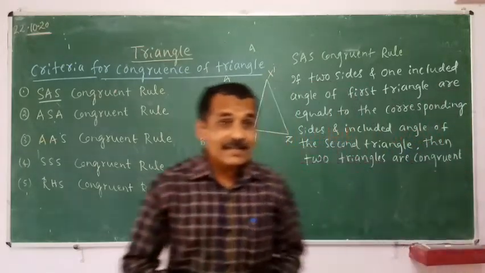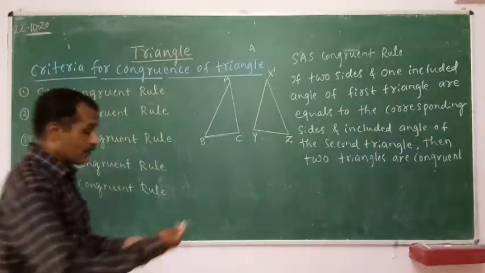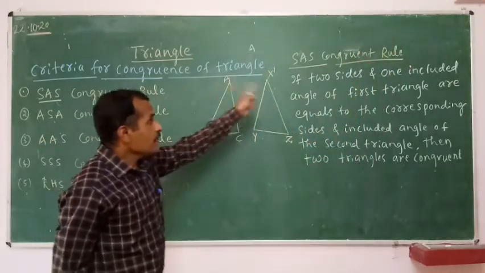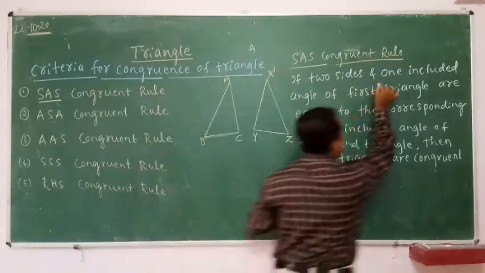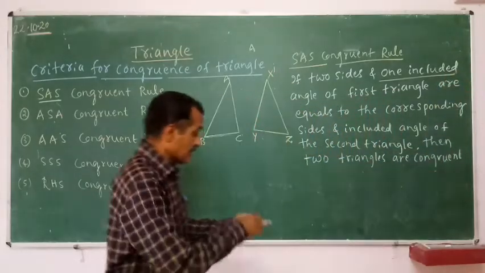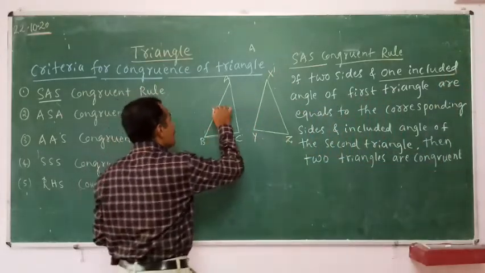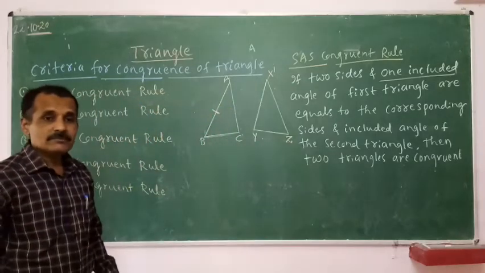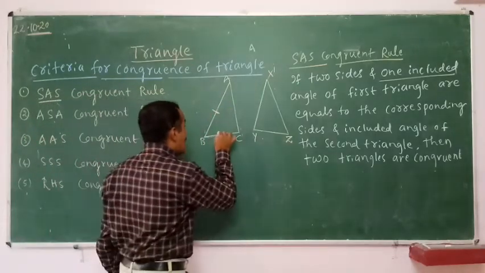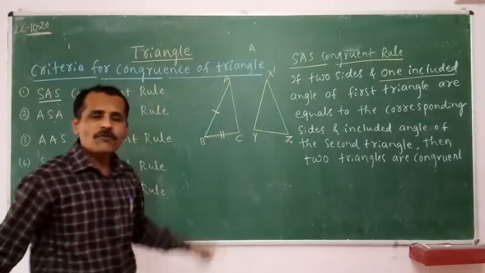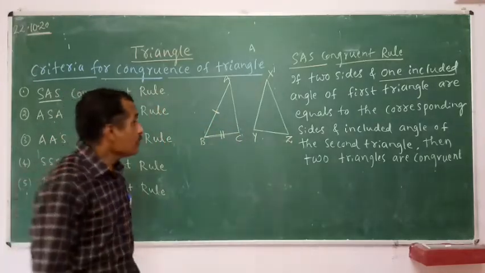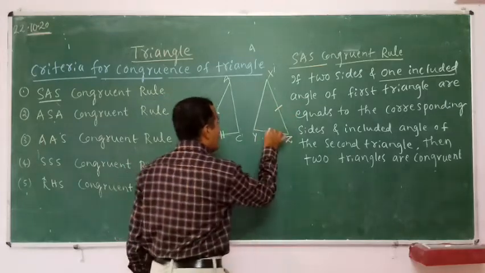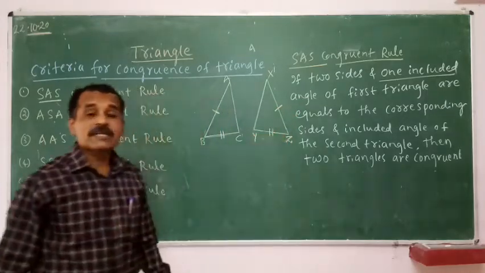Let us analyze and understand the meaning of the SAS congruent rule. It says, if two sides and one included angle, I will mark AB and BC of the first triangle are equal to the sides of the second triangle.